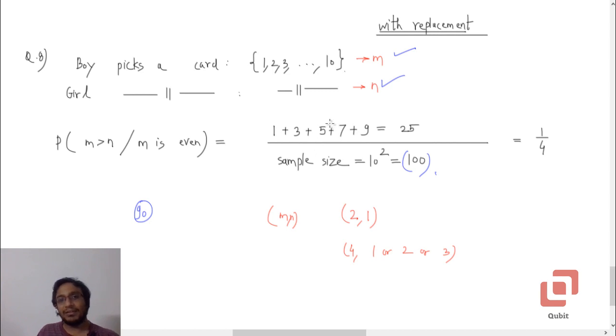If the boy gets 6, then it is 1 to 5, so 5. If the boy gets 8, then 1 to 7. If he gets 10, the largest even number in the set, then it's 9. If you add them, you get 25. So 25 outcomes belong to that event. Now the definition of probability: number of favorable outcomes upon the total number of outcomes. So 25 upon 100 is 1 upon 4.